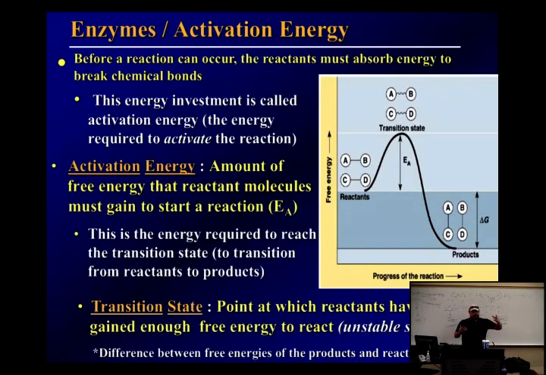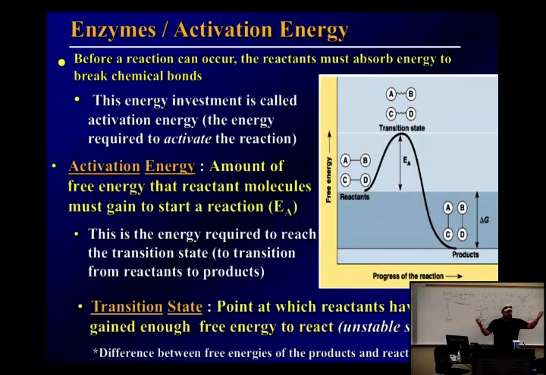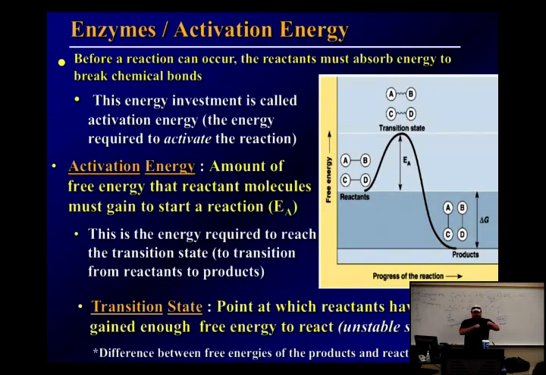What would you have to do? You'd have to take it apart, wouldn't you? You'd have to break the bonds and then rearrange them into this. That's what happens in the transition state: you have to break these bonds in order to reform them. That's what we call the transition state.